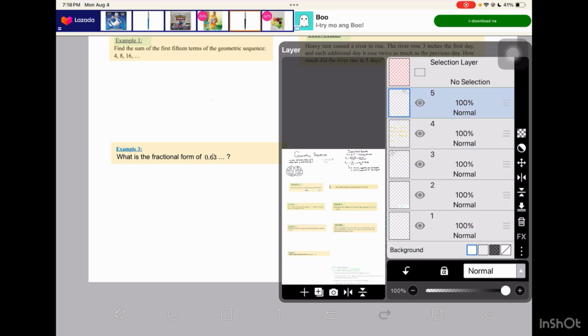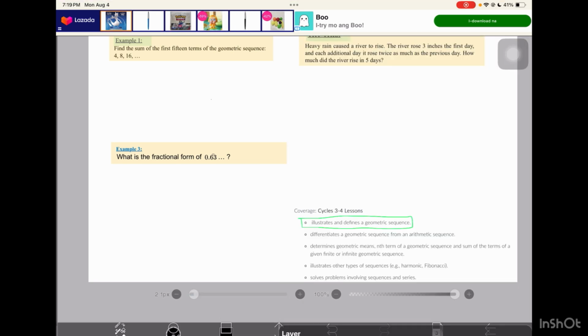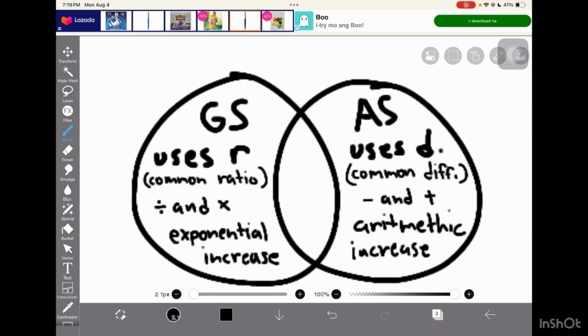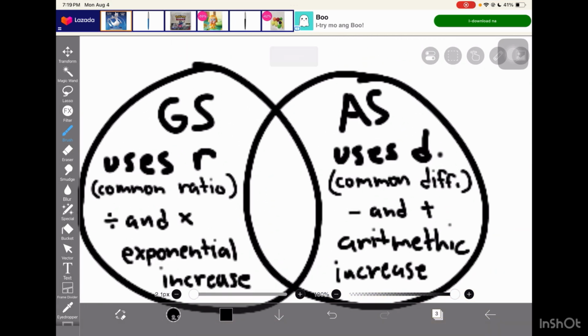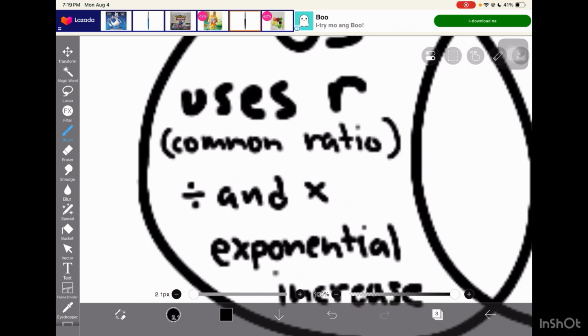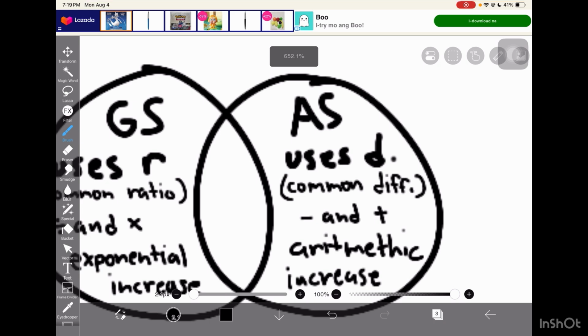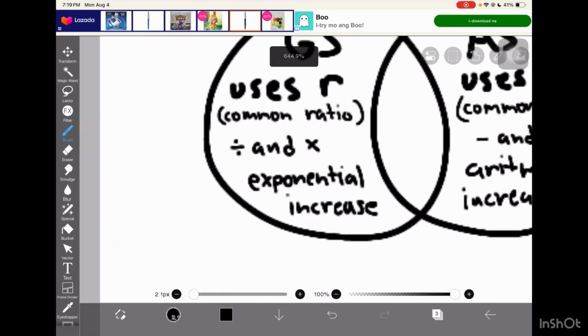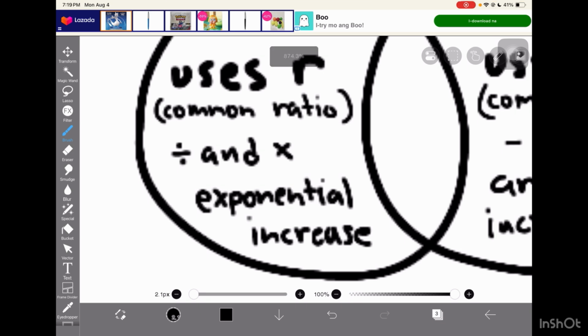What makes a geometric sequence geometric? Well, a geometric sequence uses a common ratio, while an arithmetic sequence uses a common difference. In geometric sequence, you're most likely going to divide and multiply, while in arithmetic sequence, you are most likely going to add or subtract. And geometric sequence tends to have these ridiculously high numbers.